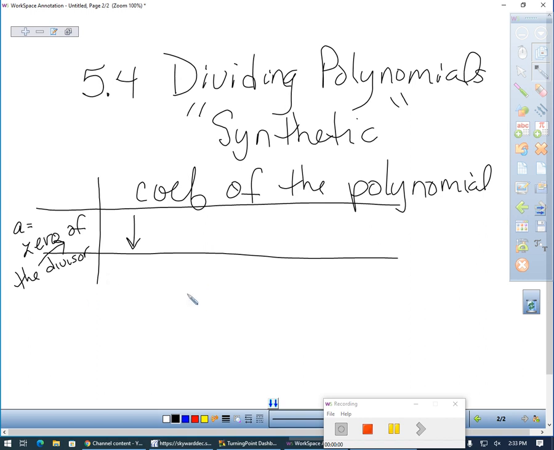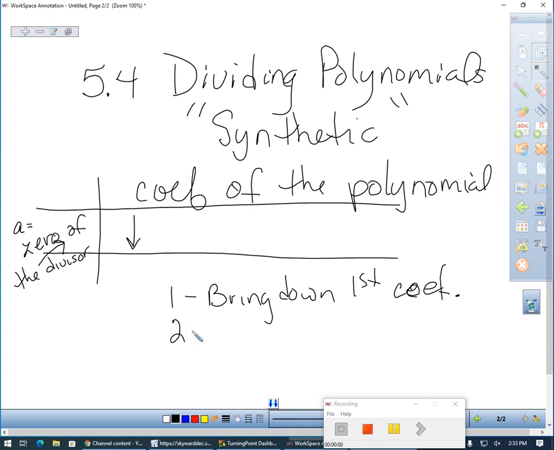So step 1, bring down the first coefficient. Then we multiply our zero times that coefficient, and it goes underneath the second coefficient.